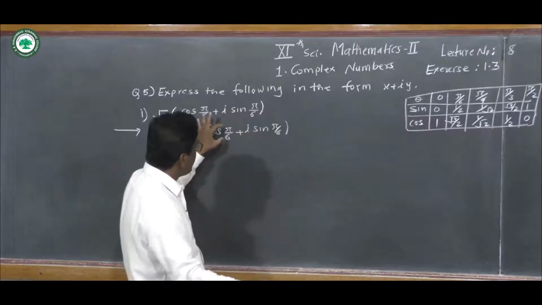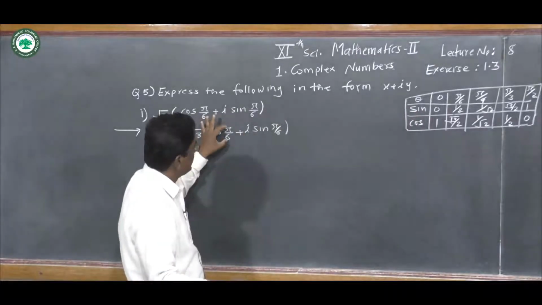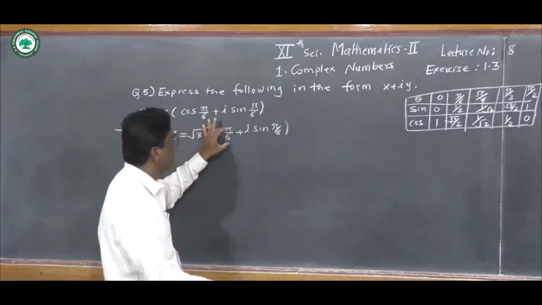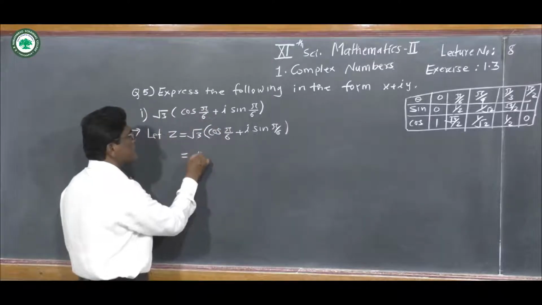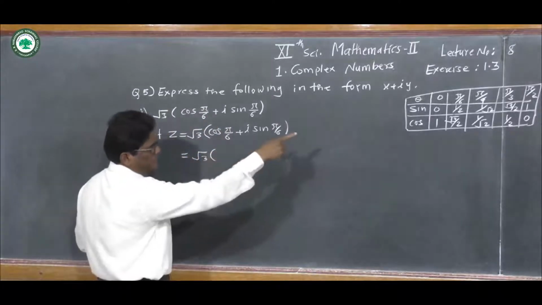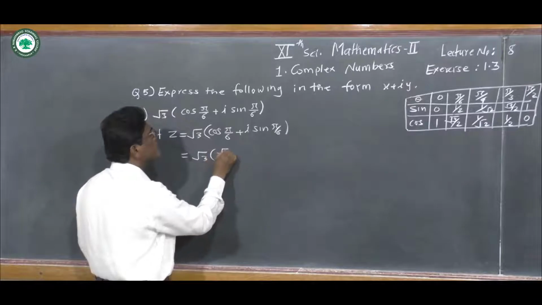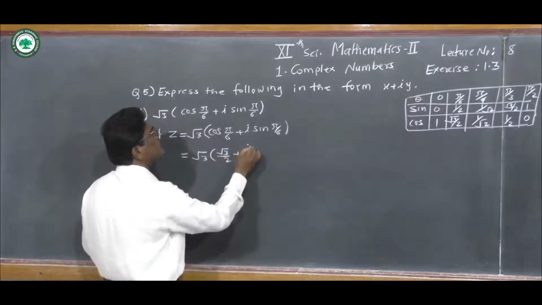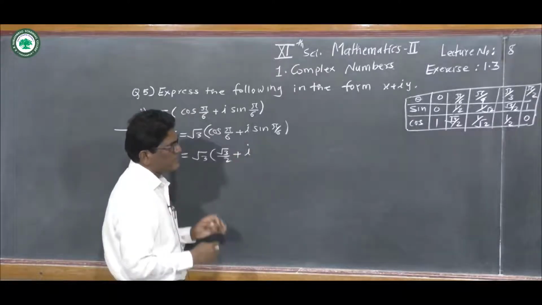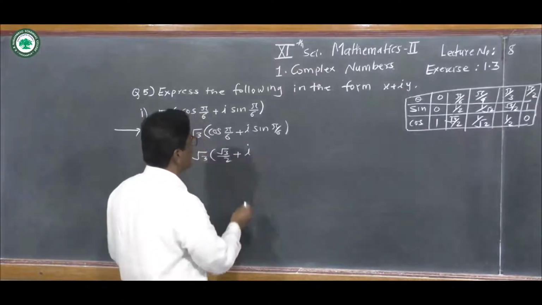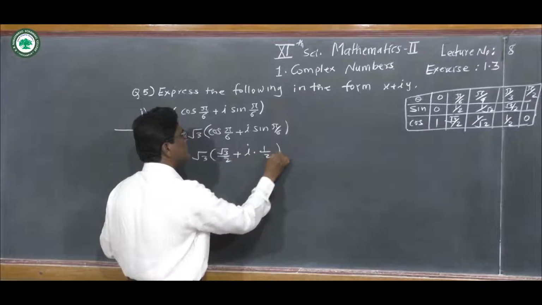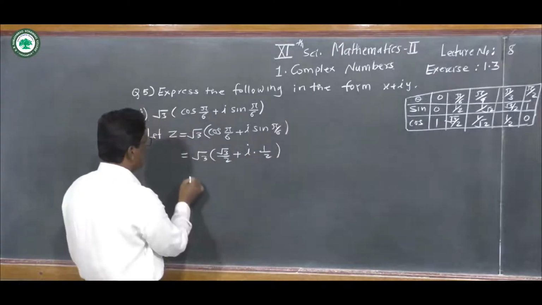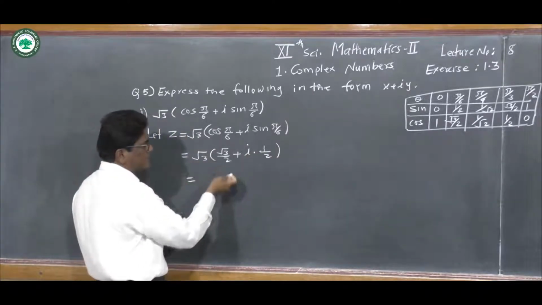Now what is the value of cos of pi by 6? It is root 3 by 2. So it is root 3 into cos of pi by 6, from the table, root 3 divided by 2, plus i into sine of pi by 6. Sine of pi by 6 is 1/2. We multiply by root 3 inside the bracket.